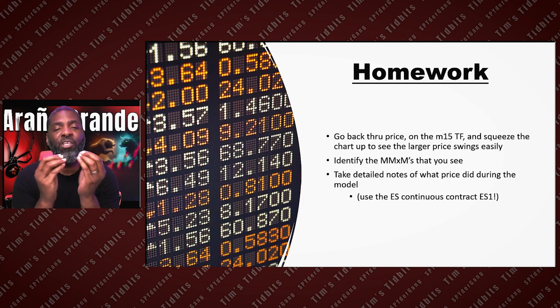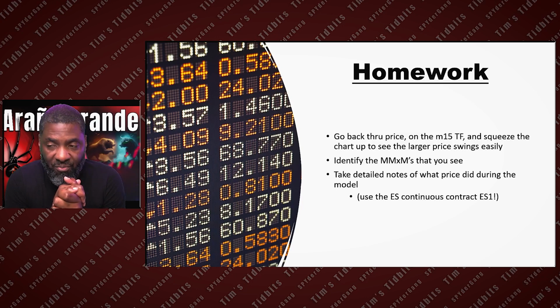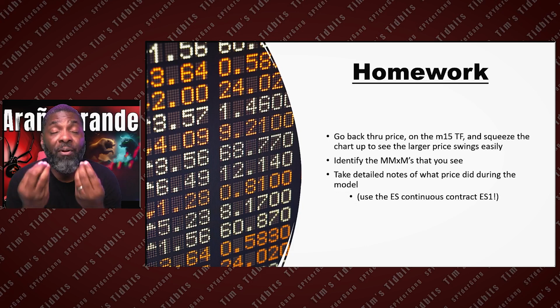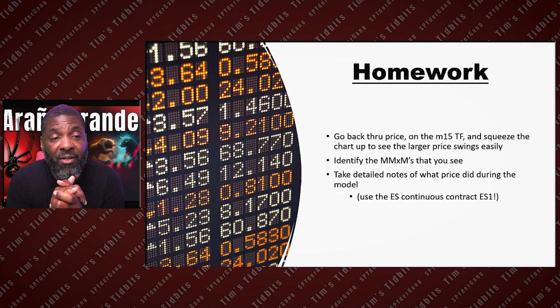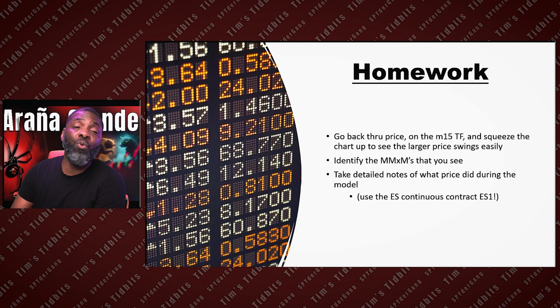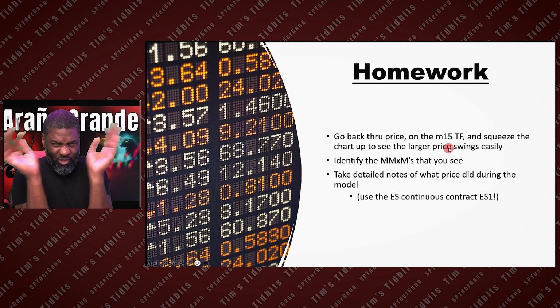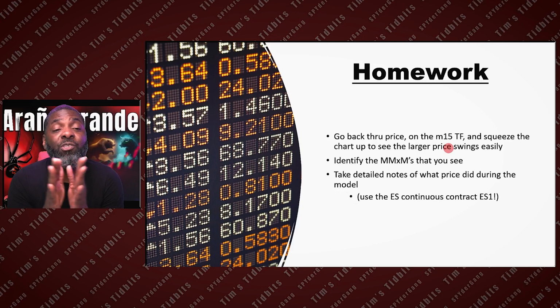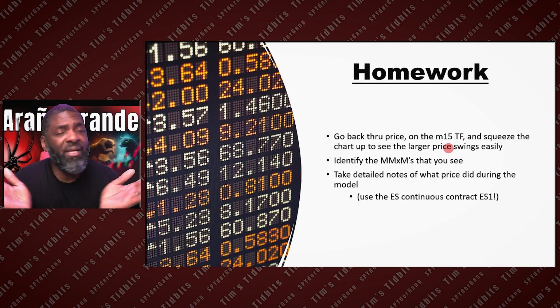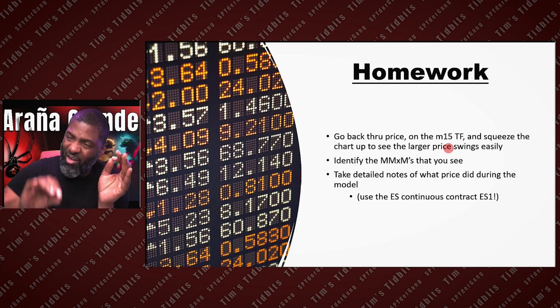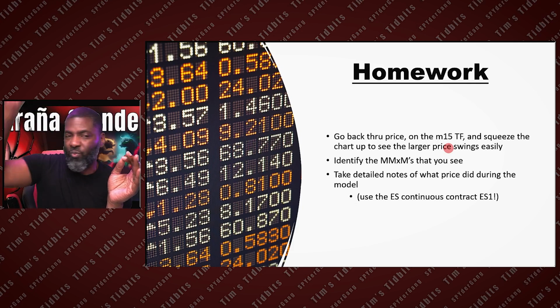Now, like I say, this is just a brief introduction to the market maker models. Just get your eye used to seeing the market maker models. We will take a deeper dive as time goes on, but for now, I want you to go through your charts and go through the 15-minute chart. I want you to squanch your chart up, squeeze it up so that you can see the larger price moves, the large swings, more easily.